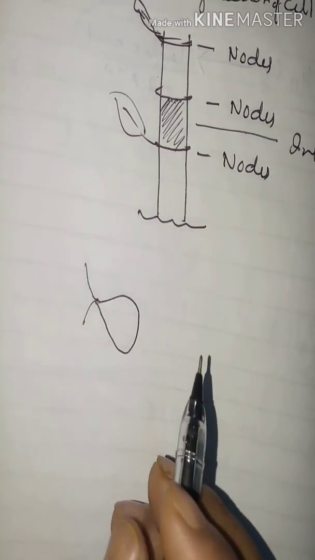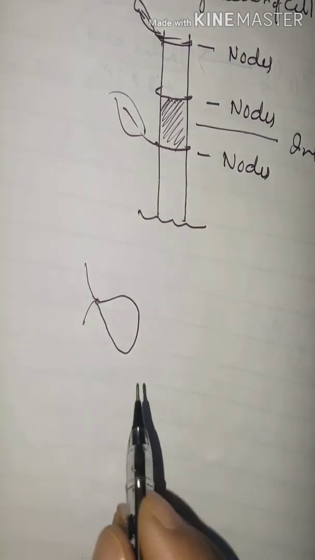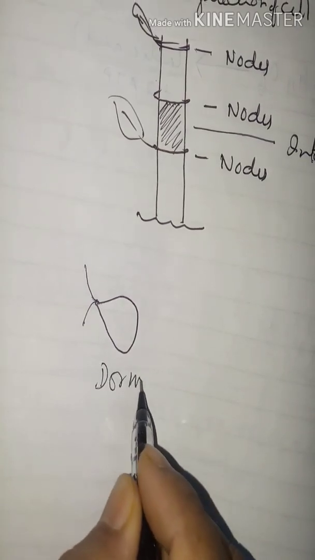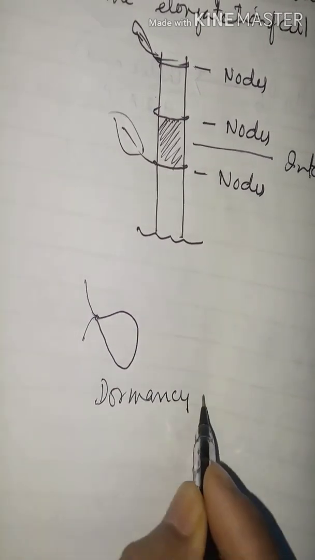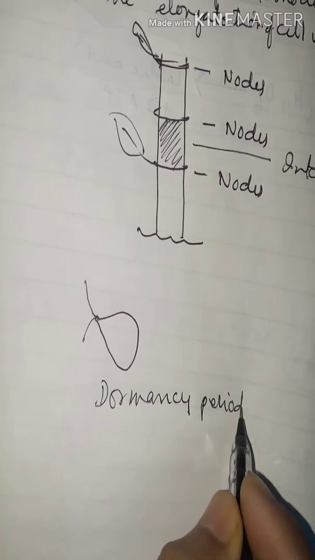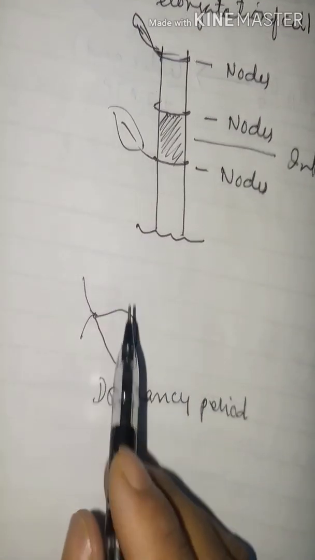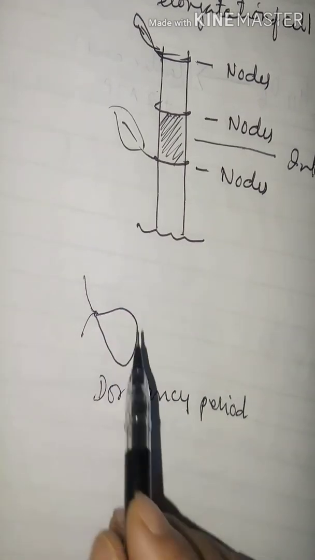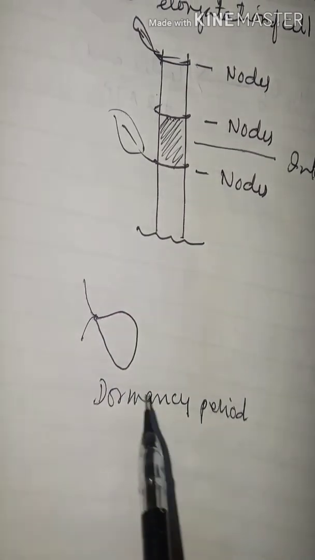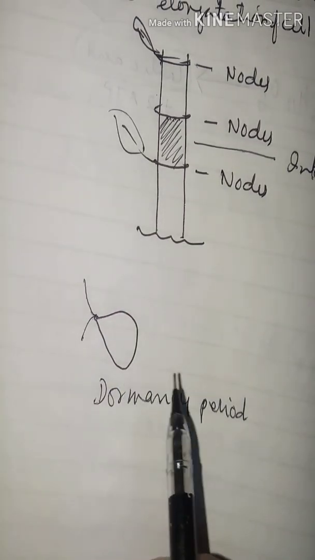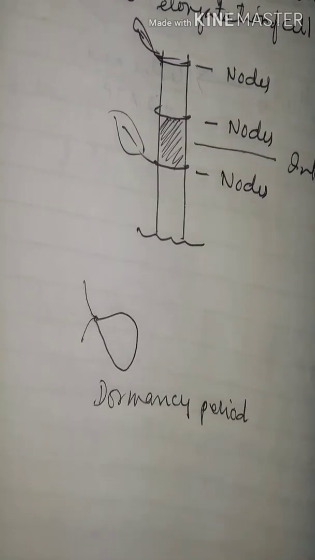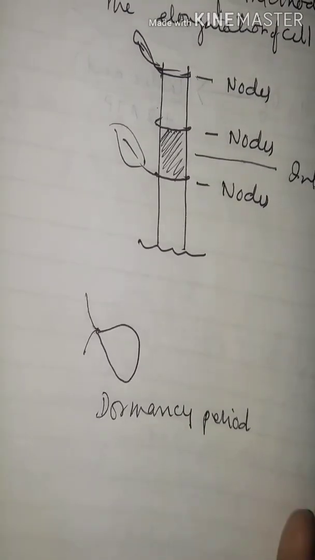The period of inactivity or rest is called the dormancy period, and the seed is said to be in the dormant stage. Due to the introduction of gibberellic acid, seed dormancy can be broken so that the seed can germinate earlier.